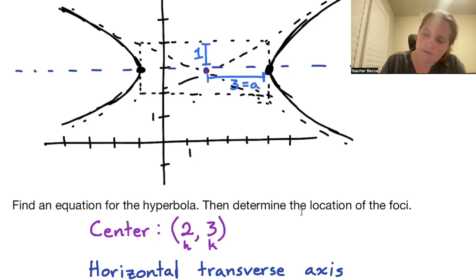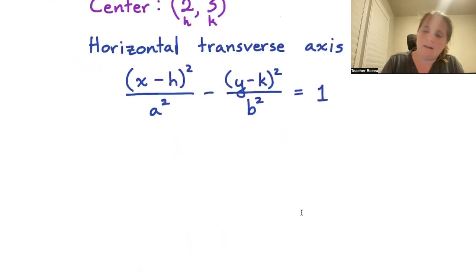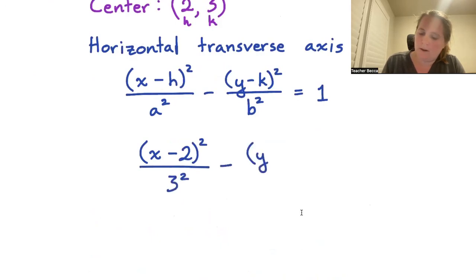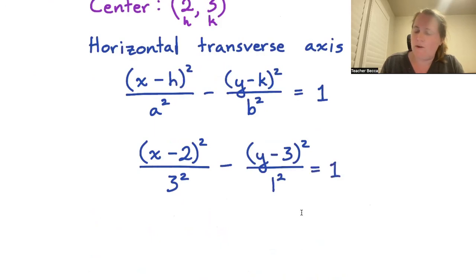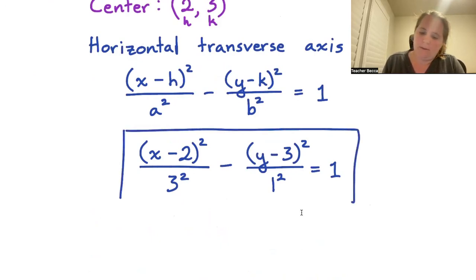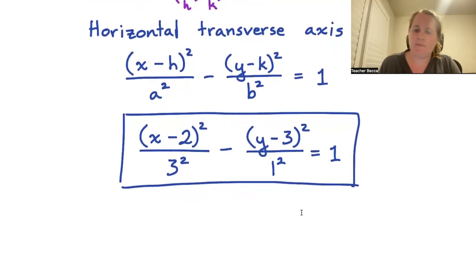So our a is 3, our b is 1. So we are looking at (x minus 2) squared over 3 squared minus (y minus 3) squared over 1 squared is equal to 1. This is our equation for the hyperbola.